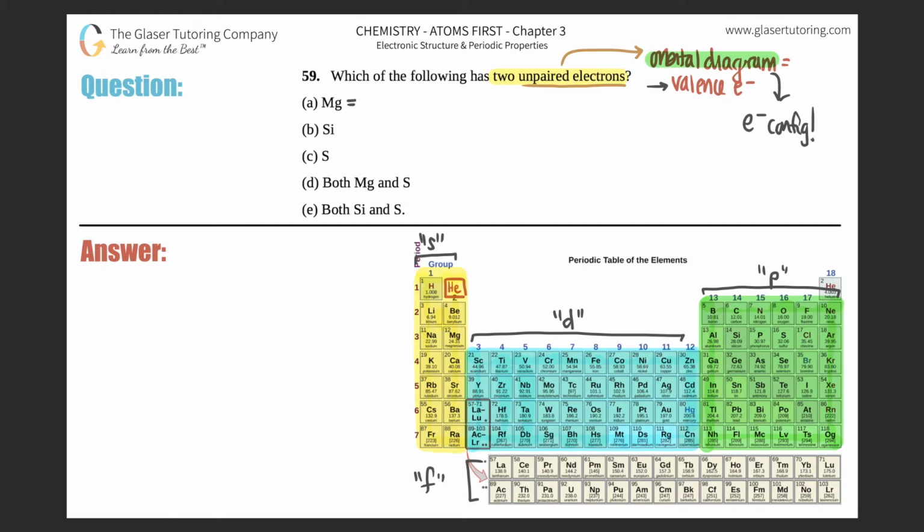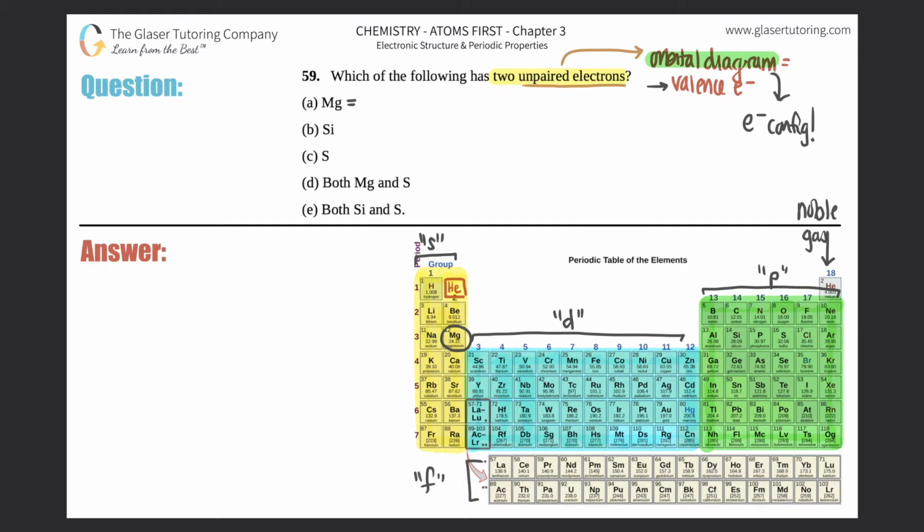So magnesium is over here. Let's do the shorthand version, which means we put the noble gas before magnesium in brackets. That means we have all the electrons up until that noble gas. The last group is where your noble gases are found.